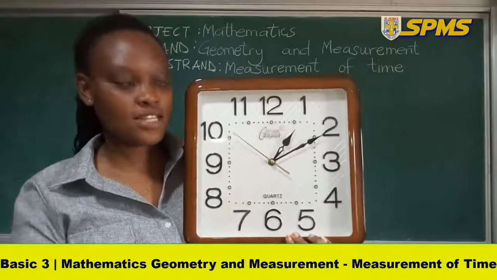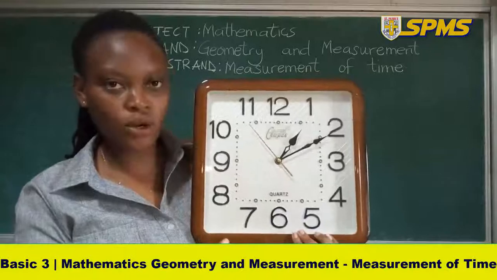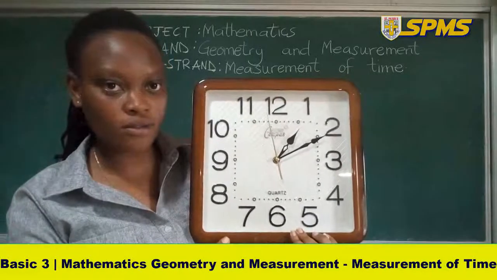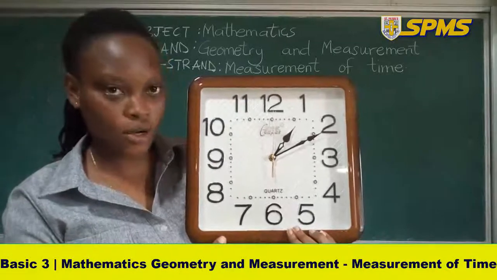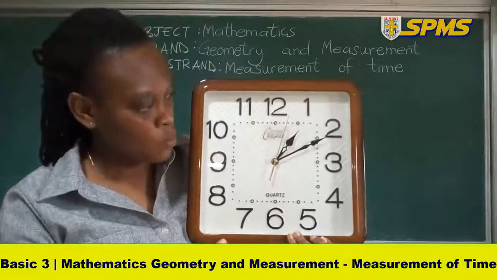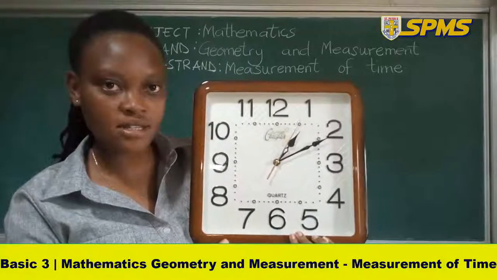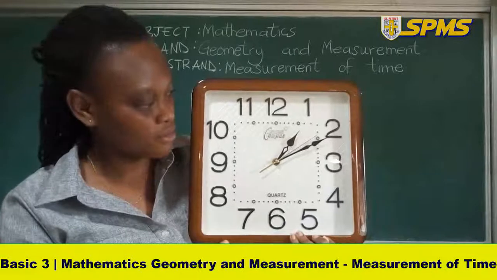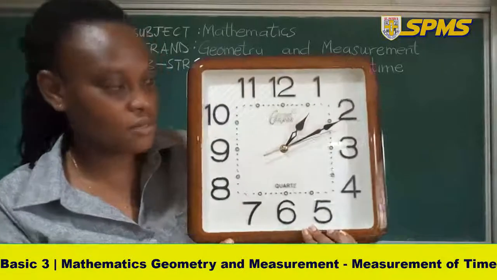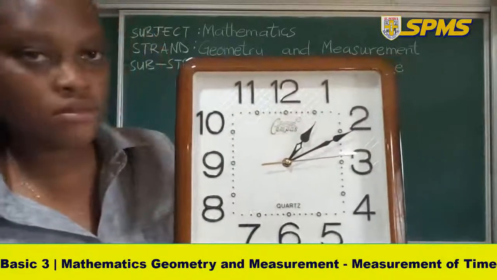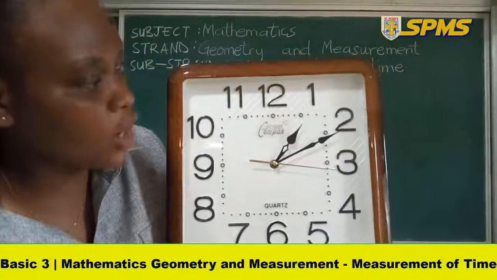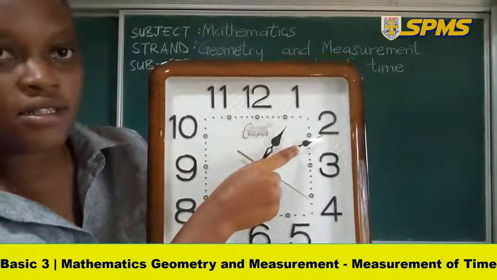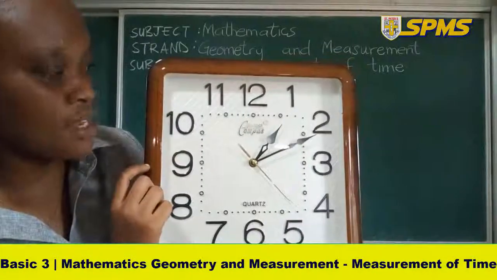Now let us pay attention to this clock. Look at the face of the clock, the analog clock. We can see 3 hands there. What are their names? You can see a very long hand. Yes, this hand is known as the minute hand.